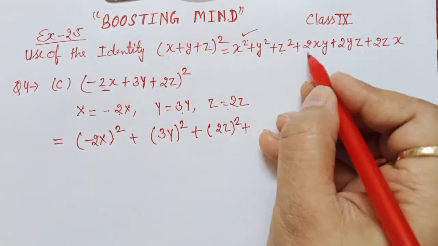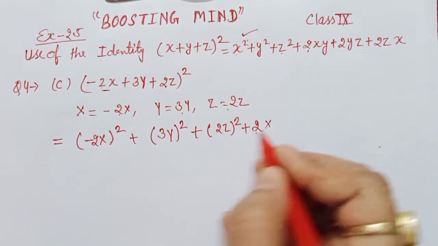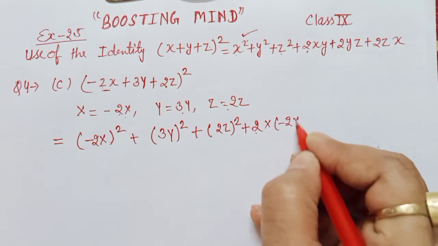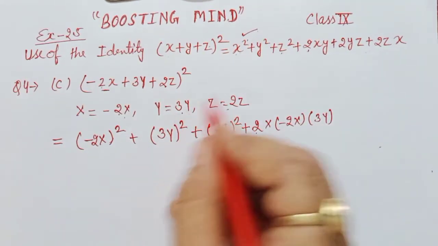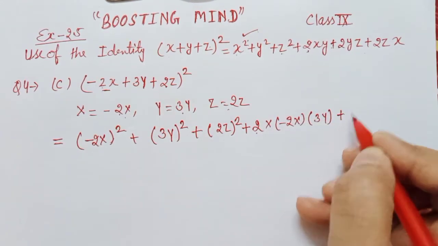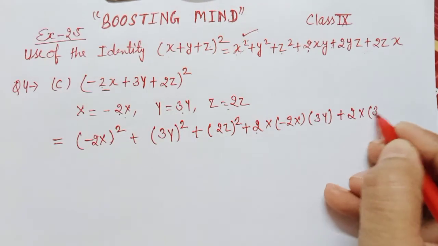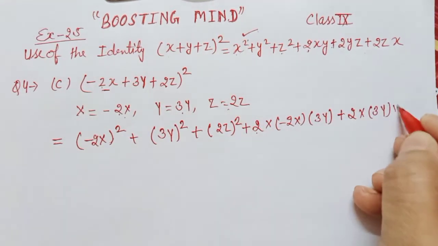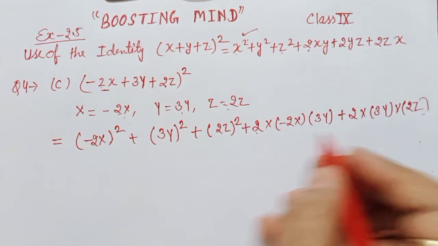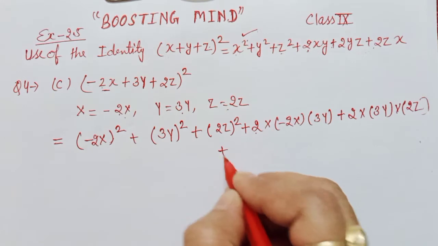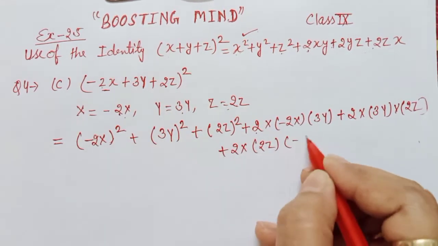Plus 2 into x, x is minus 2x, into y, y is 3y. Again use this sign, plus 2 into y, y is 3y, and z, z is 2z. All the terms you have to write in a bracket. Last term is 2zx: 2 into z, 2z, into x, x is minus 2x.